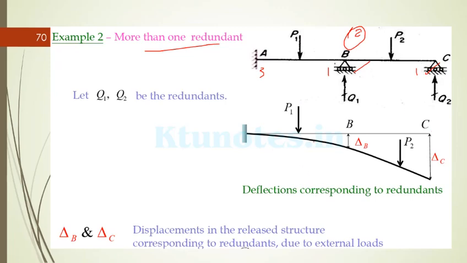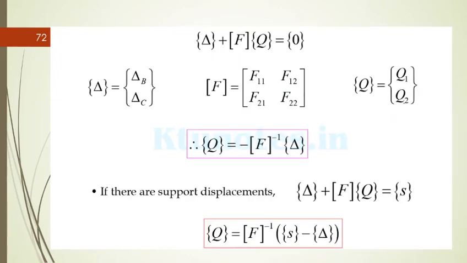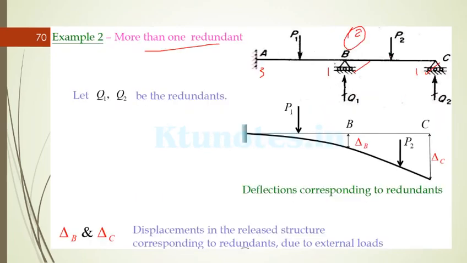So first step, you should remove the redundants. That is, you should remove the support from B and you should remove the support from C. Once you remove the supports, you will get a different shape like this, with delta B here, delta C here, and the P will be just transferred to the bottom.